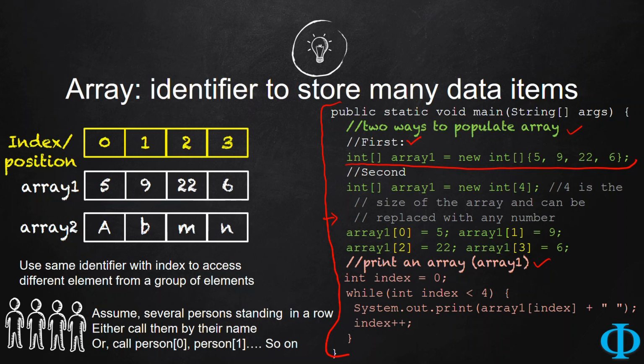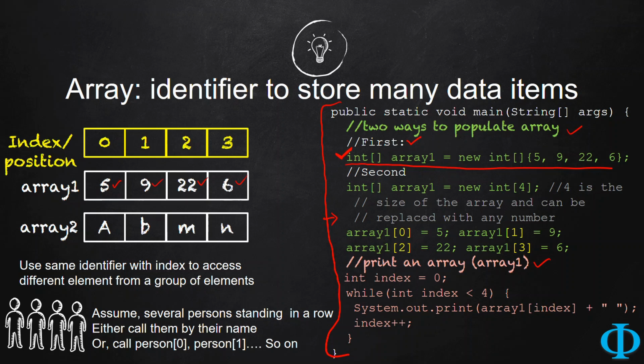So let us try to focus on each part of this line, what I have done. The first part of this line is a data type, which is basically saying what type of array you want to declare. In our case, I want to store 5, 9, 22, 6, all different whole numbers inside my array.